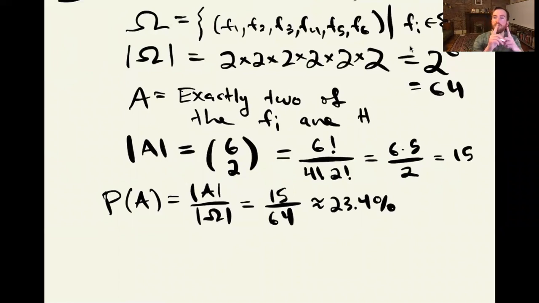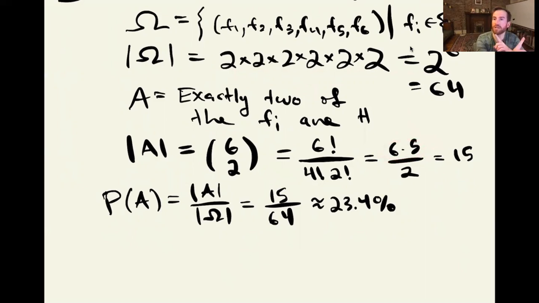Now notice, you may have been led to believe that one way of approaching this problem is like, well, first I have to choose which of these locations I want for my first heads. And so you said, well, I've got 6 possibilities. And then once I've chosen that location, I can choose the second one, in which there are 5 possibilities. That would have led you to believe that 6 times 5 is the number of ways.